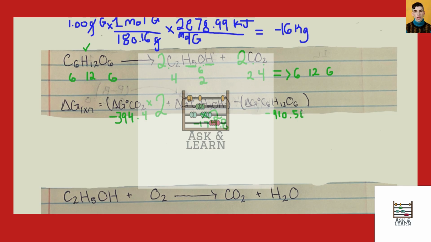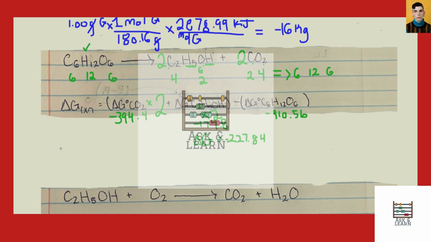Again, you're just going to plug and chug through that. If you want to pause the video and calculate that, your delta G should come out to be negative 227.84 kilojoules.